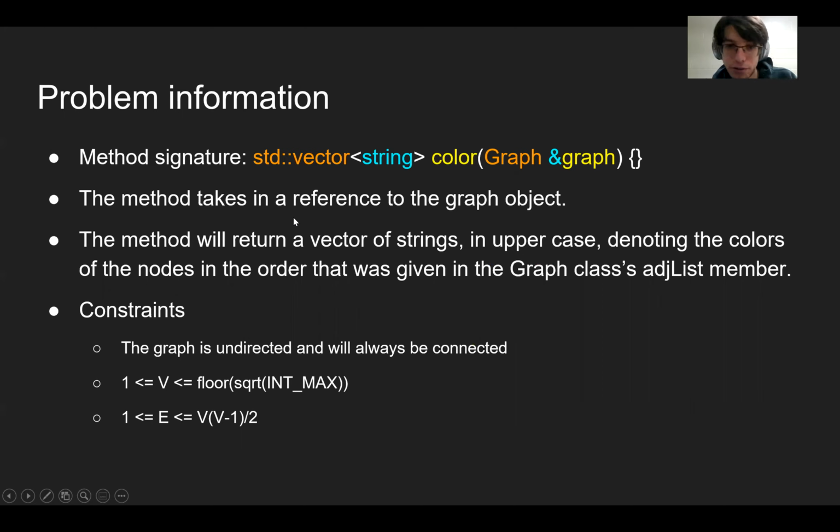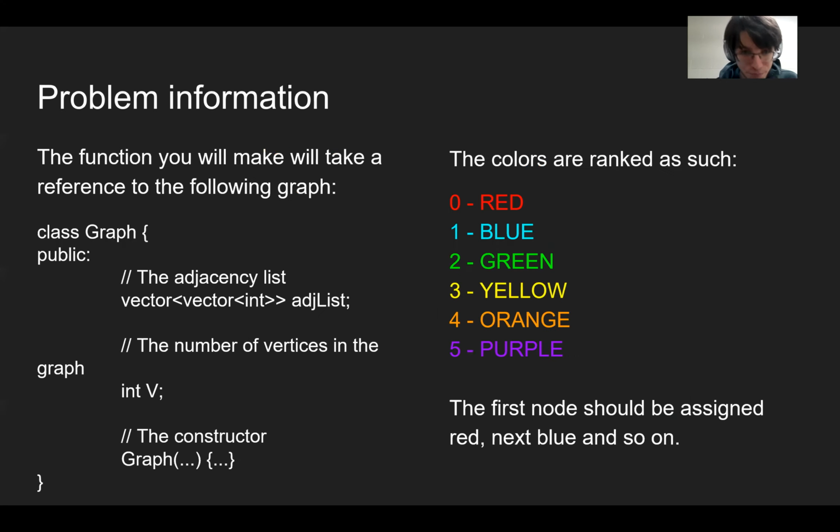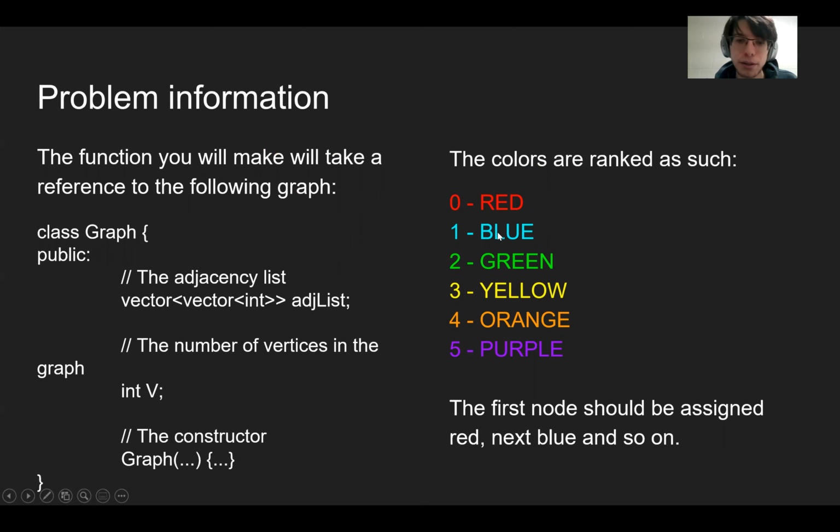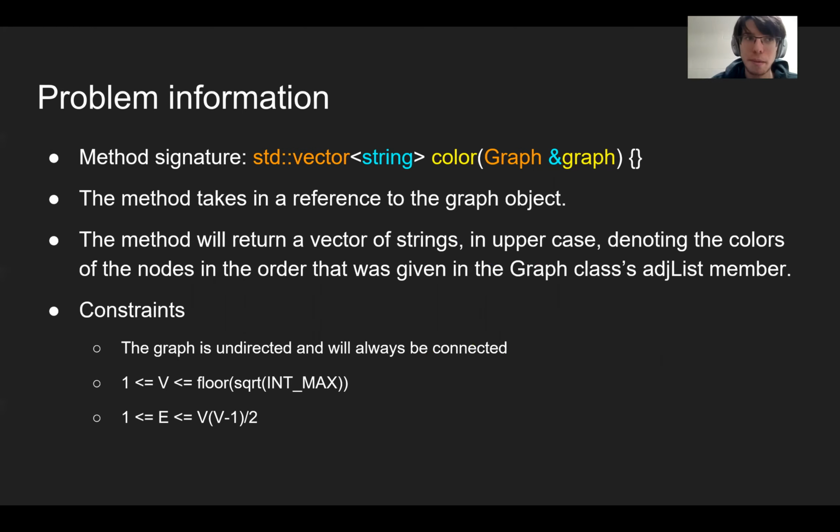The method takes in a reference to the graph object, like we said, and returns a vector of strings, which are the colors of the nodes, the way you color them. So maybe you color them red, then blue, then green. Maybe those are the only ones you need. If there are 4 nodes, maybe you label them red, blue, green, blue, and that's what you would return. It's just a vector of strings.